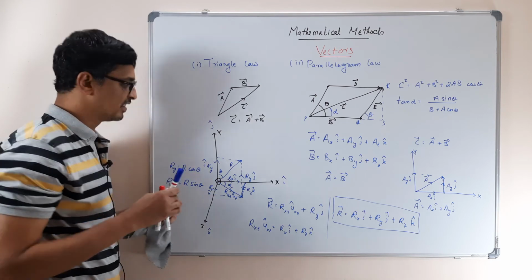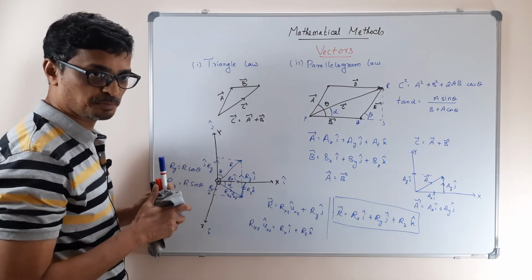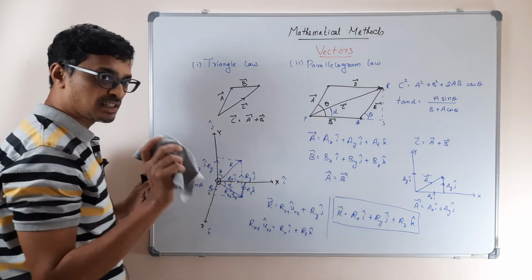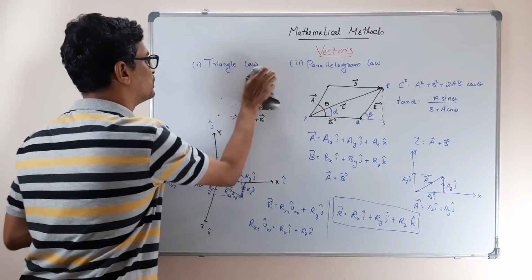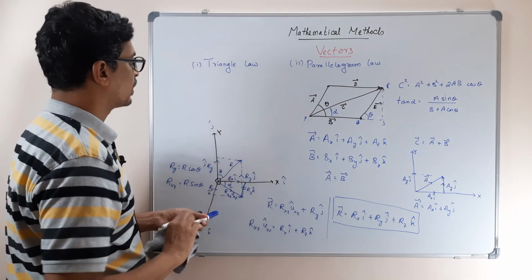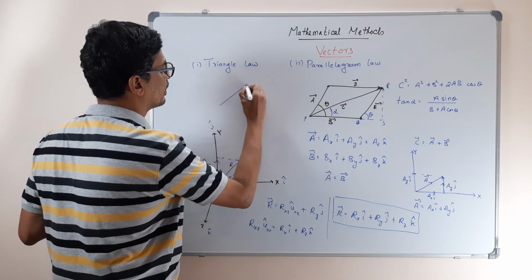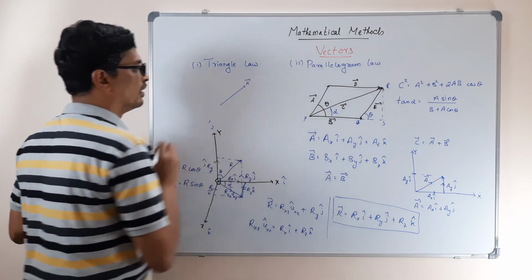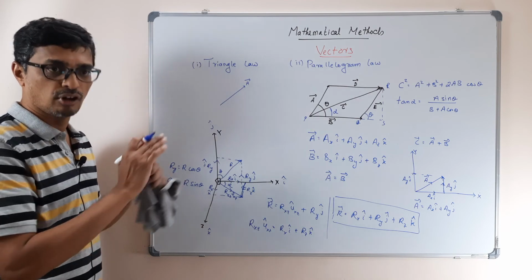Let us see it in two dimensions, so that you will understand easily. Let me give you a vector A and resolve it into rectangular components.